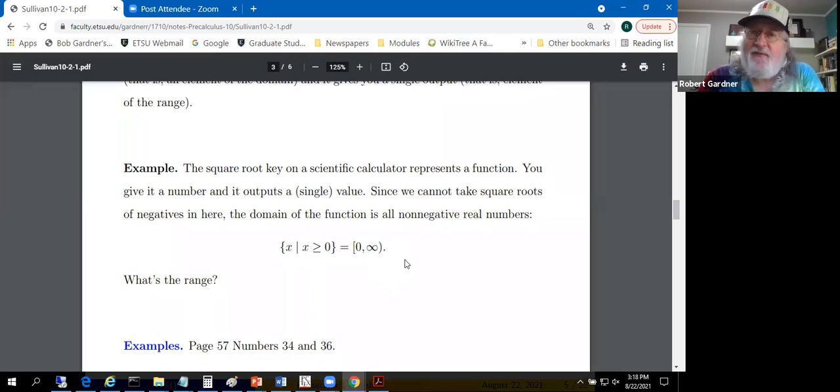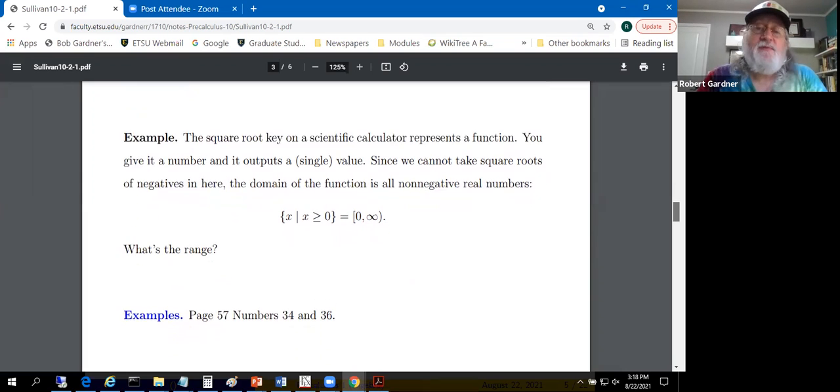Once we start graphing in the next section, you'll find that easier to visualize because we'll have pictures then. But the range of the square root function is also all non-negative numbers. Remember, you can only take square roots of non-negatives, and you never get negatives out of the square root function. You might be interested in negative things, but the square root function won't give them to you. It gives you positive square roots.